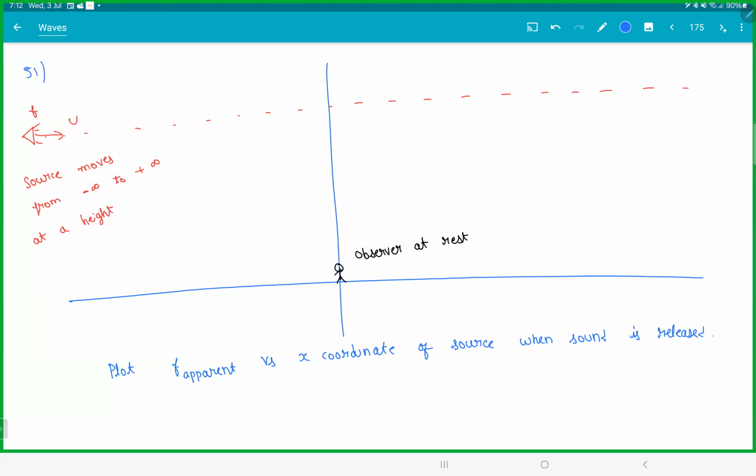Decreases and increases. Okay. Increases and then decreases. Let's see.